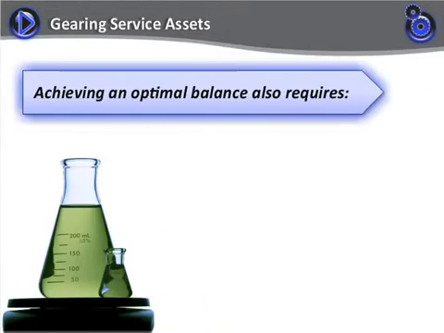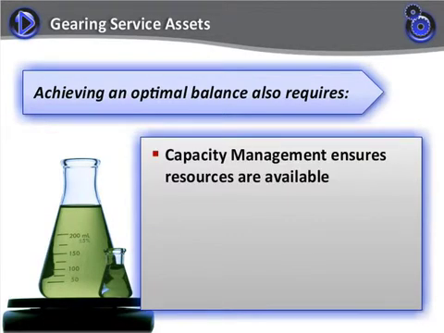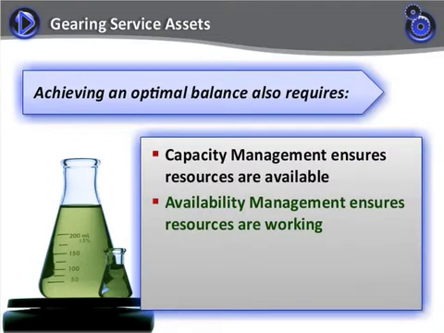Achieving an optimal balance also requires capacity management to ensure that sufficient resources are available to meet anticipated demand by producing and maintaining a capacity plan. Availability management to ensure that the resources are actually working and available when they are needed.